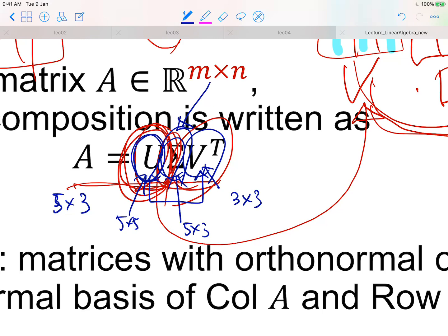Intuitively, this orthogonality is a much stricter condition than linear independence.